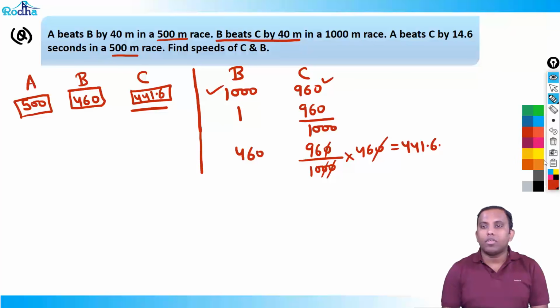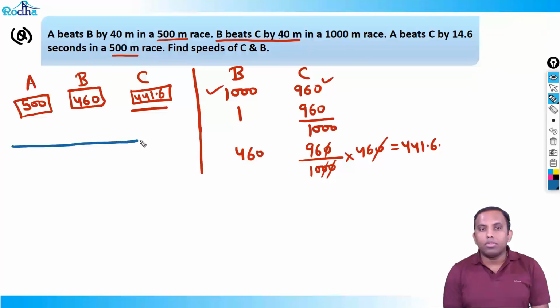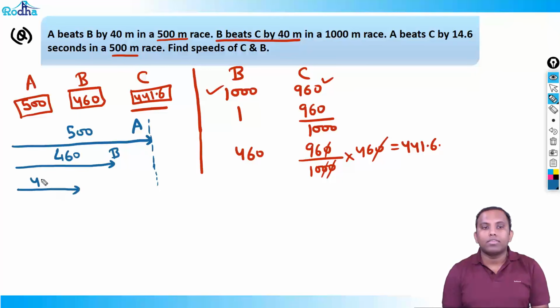It comes down to the same thing we discussed in the last question. Let's suppose there's a finishing line. When A is running completely 500, B is covering 460 and C is covering 441.6.